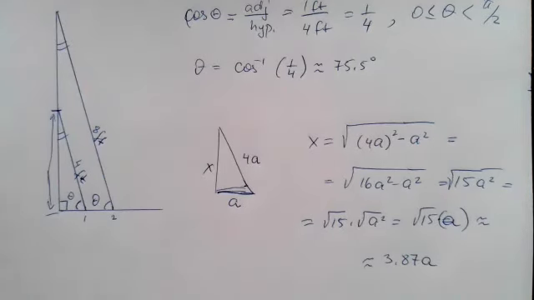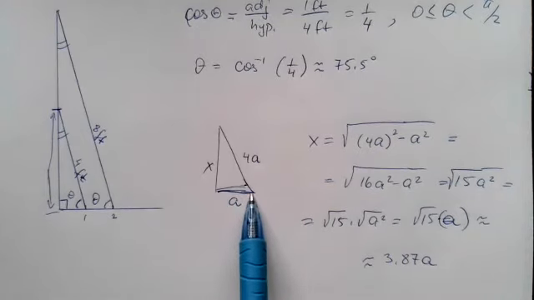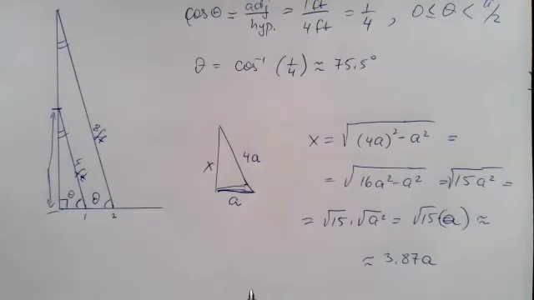So the ladder touches the wall about 3.87 times a feet from the ground, where a is actually the distance of the ladder from the wall.